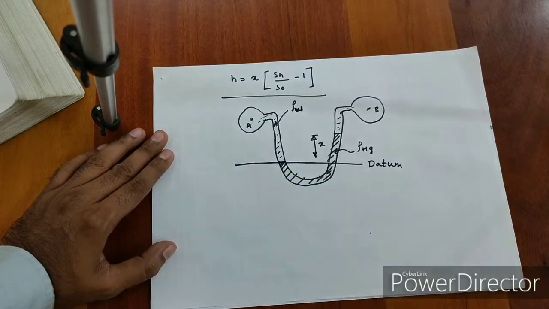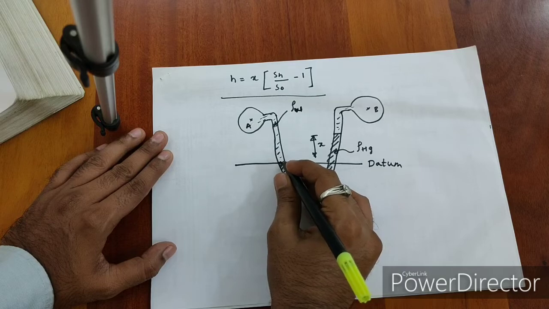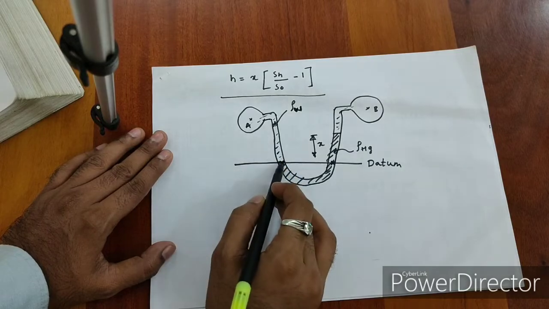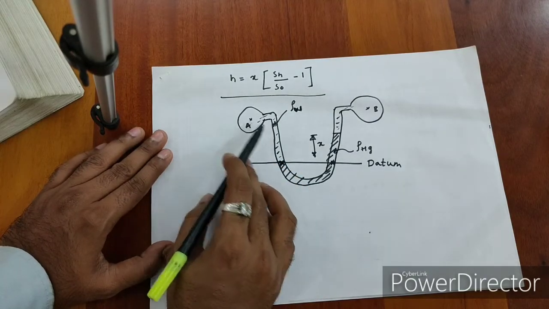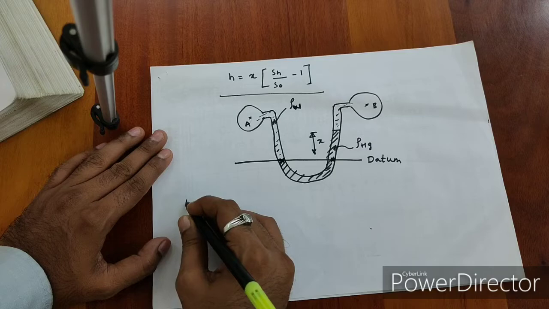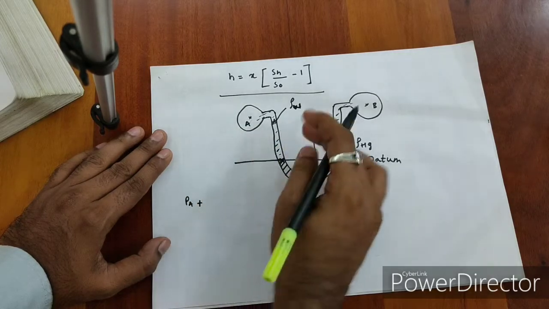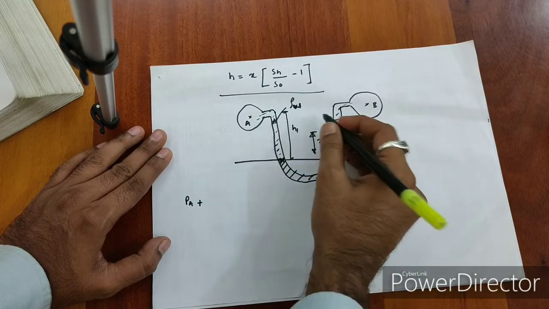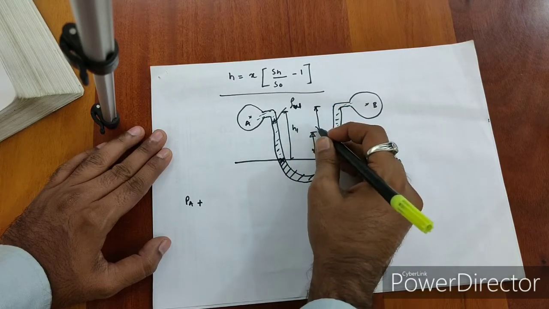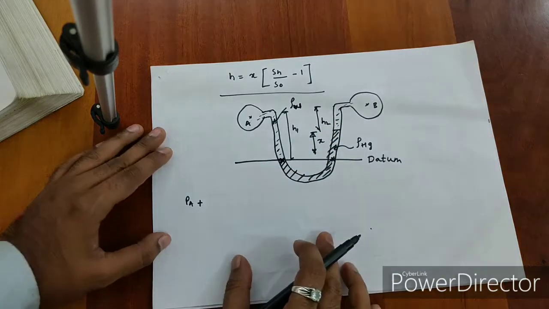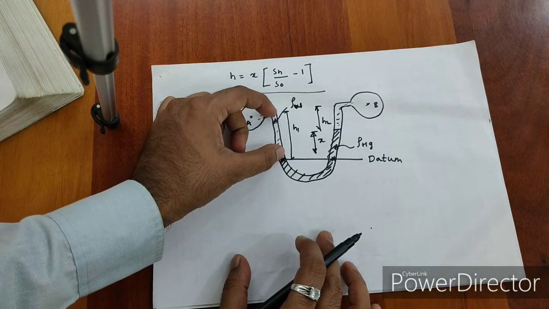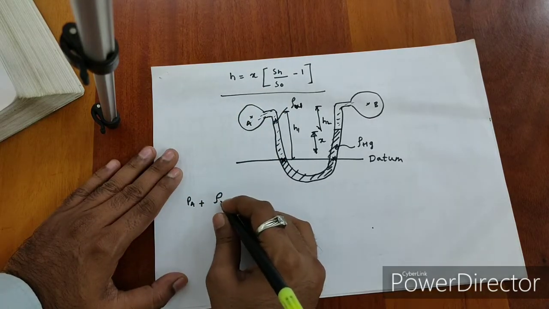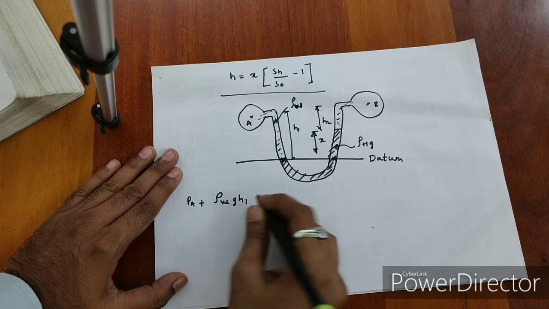What we know from the basics is that the pressure at this point is equal to the pressure at this point. Coming from A to this level, the pressure is PA plus, with this height being H1 and this being H2, the pressure due to this liquid in the manometer, whose height is H1, rho W G H1.